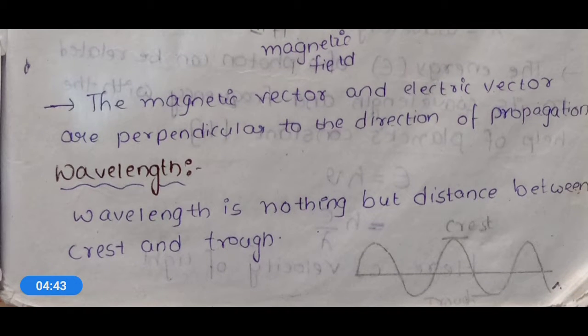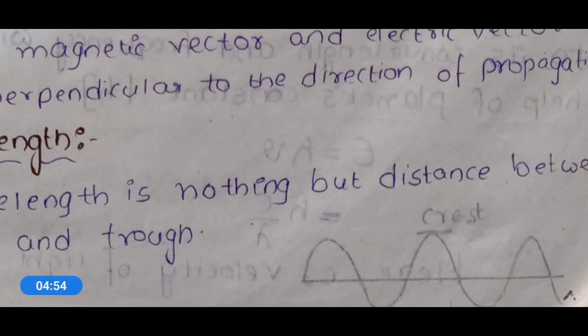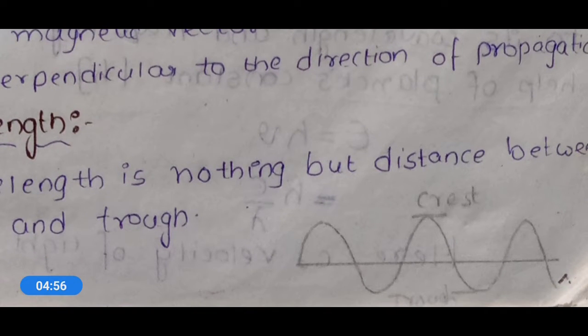Now let's see wavelength. Wavelength is nothing but the distance between crest and trough. If you see the diagram here, the curve which goes upward is called the crest, and the wave which goes downward is called the trough.